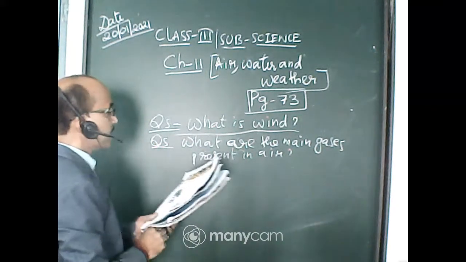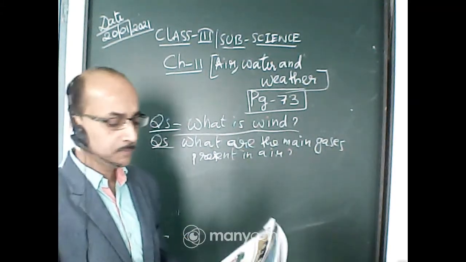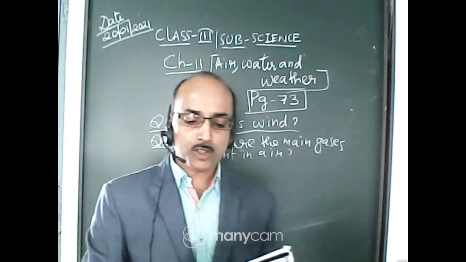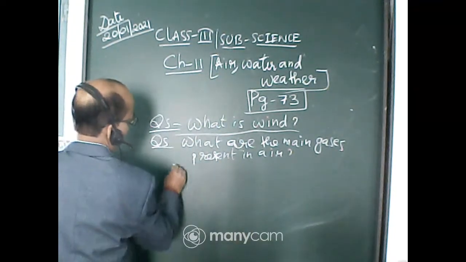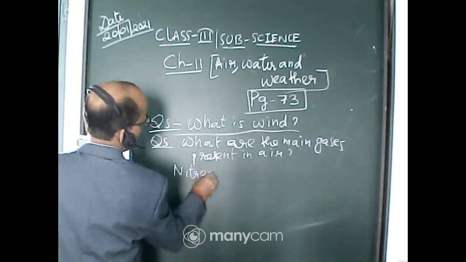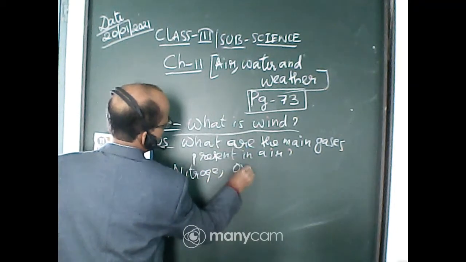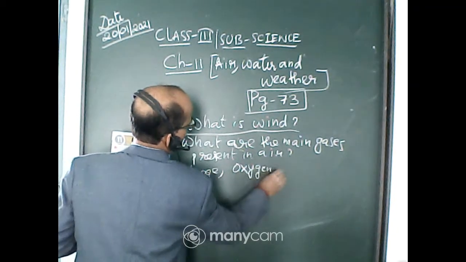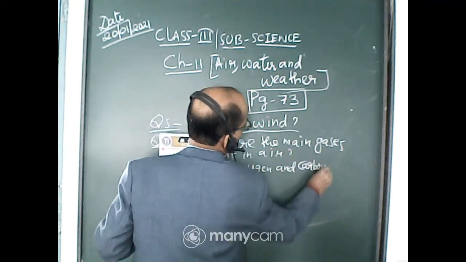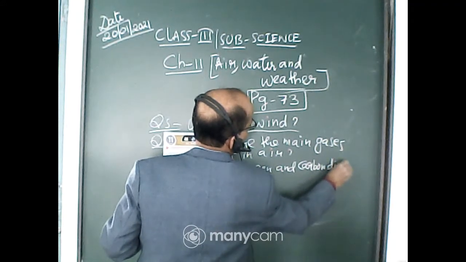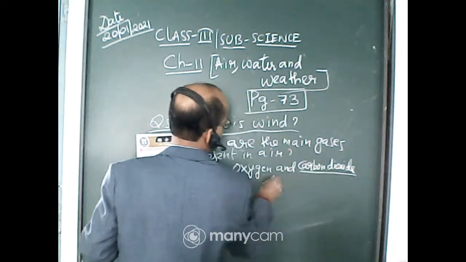The main gases present in the air are nitrogen, oxygen and carbon dioxide. You can underline there: nitrogen, oxygen and carbon dioxide. These are the main gases.